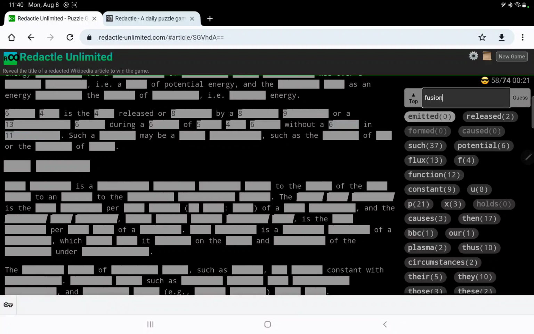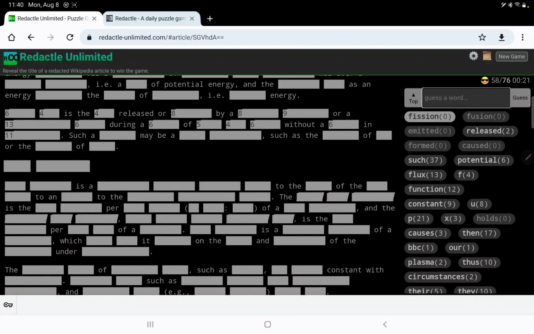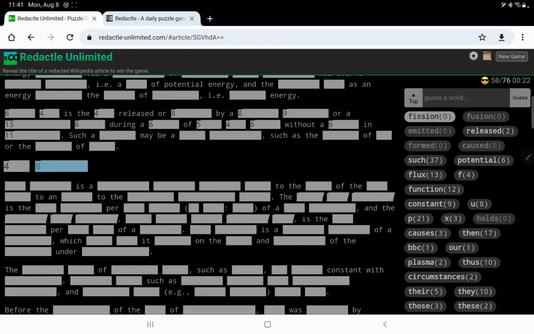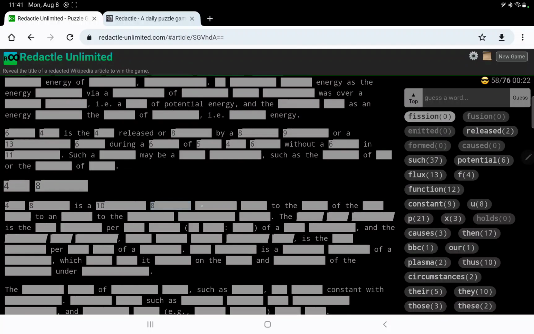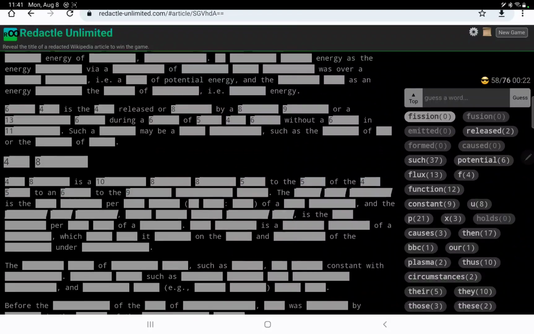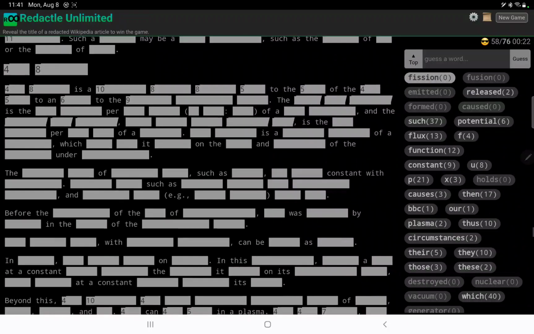Well, let's try fusion and fission. No, no fusion and no fission. Okay. 4, 8. 4, 8 is a 10, 8. 5 to the 5 of the 4. Oh no, I'm mumbling. Not a good sign. The 8, 5 of 9, 5, such as 6.